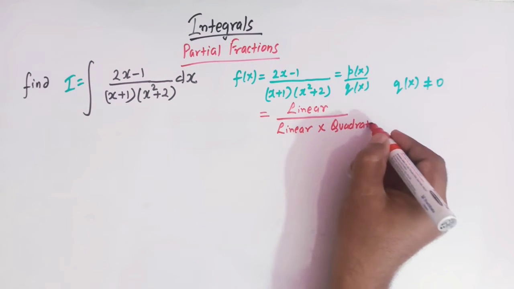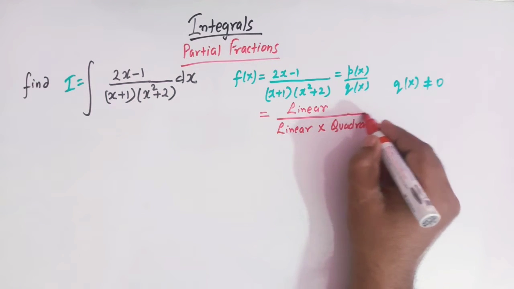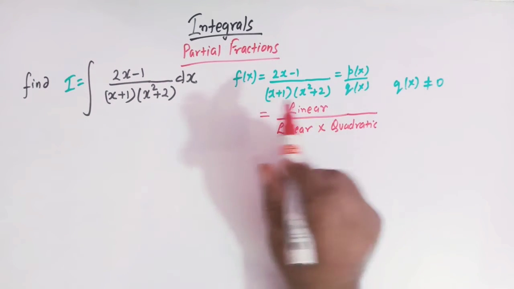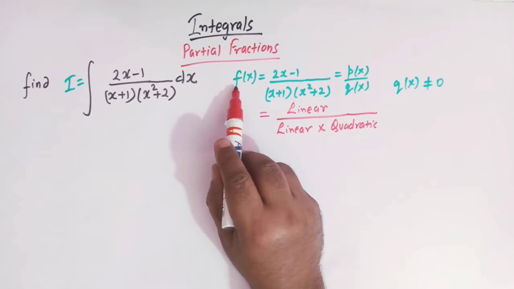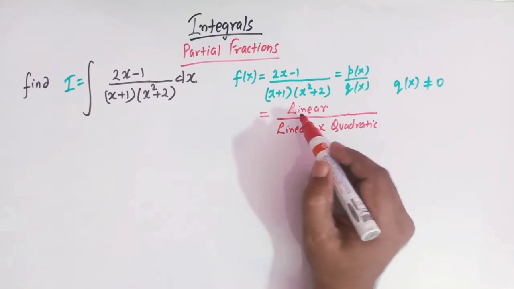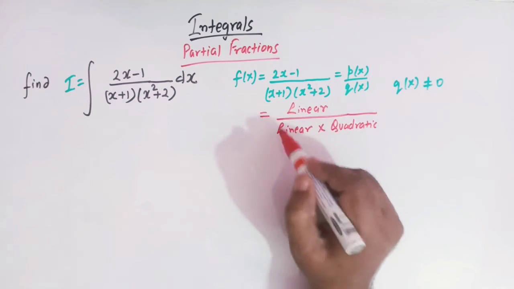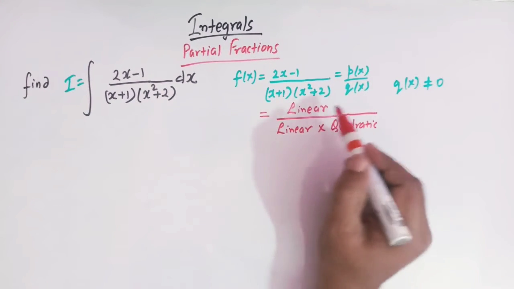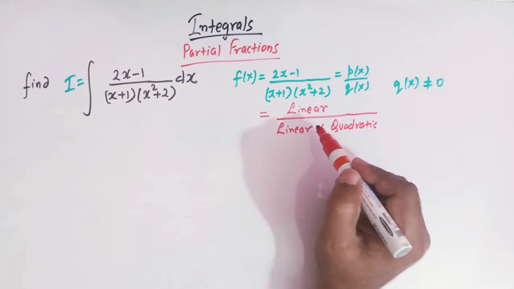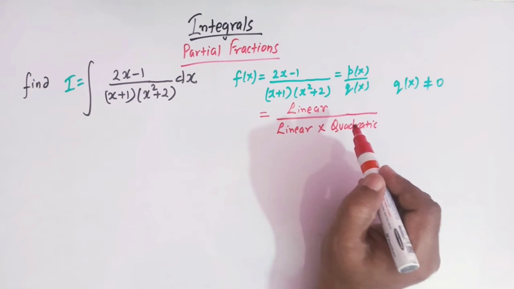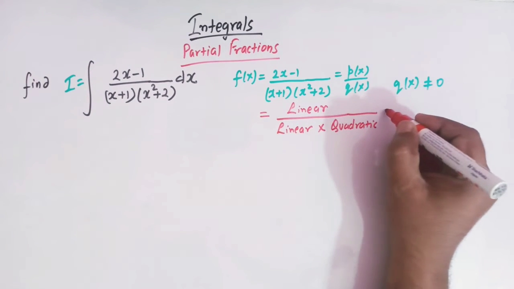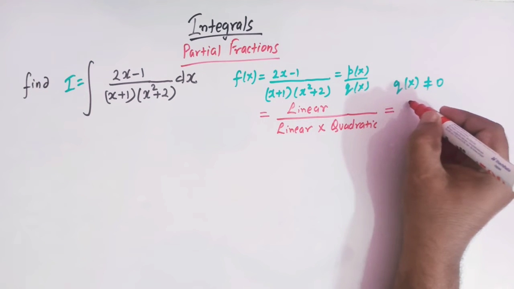So when the nature of the rational function, which is here f of x, is linear over linear times quadratic, then we have to decompose this rational function into partial fractions, and the method goes like this.